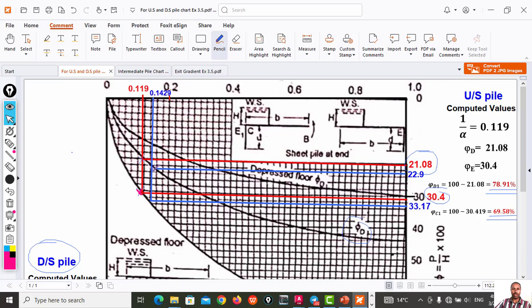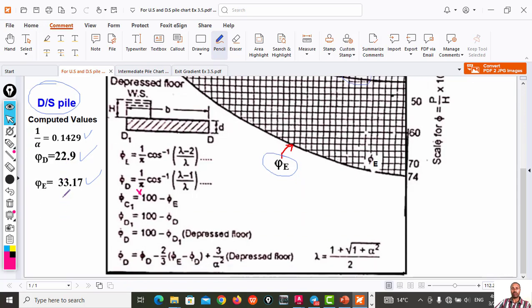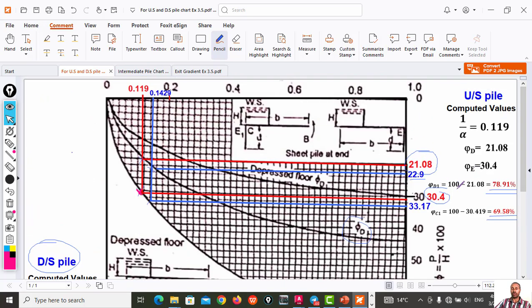Once you intersect this point, then you go horizontal to this one, then it will be 22.9, and you touch this phi E curve, then you go horizontal, then you will have 33.17.